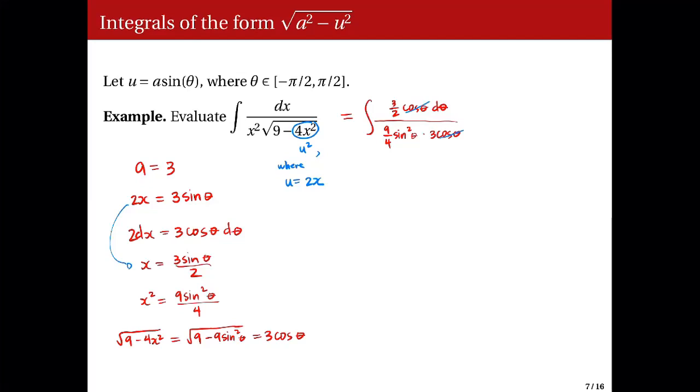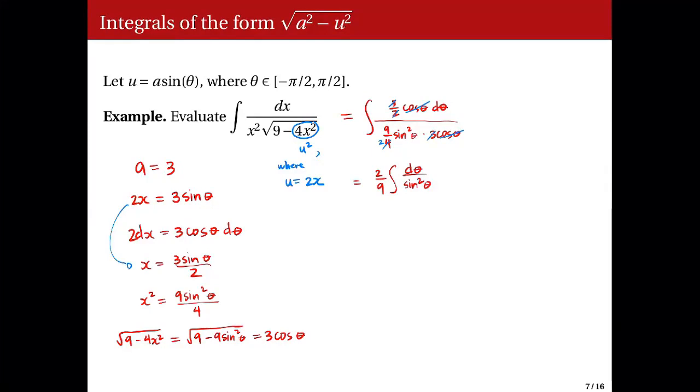Okay? And then what else? The constants. The 3 here will cancel the 3 here. The 2 here will cancel the 2 here. And you'll be left with 2. So try to work on that constant. You should get 2 over 9 integral of 1 over sine squared theta, and then you have the d theta.